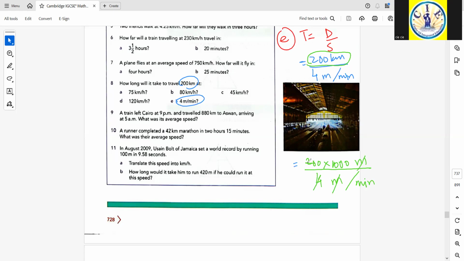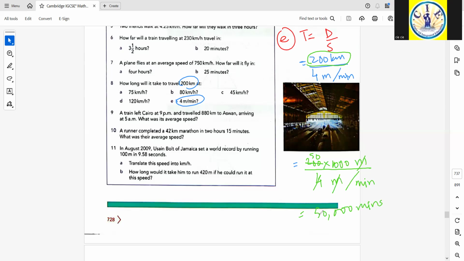So this is 200 divided by 4, which is 50, times 1000. That is 50,000 minutes.